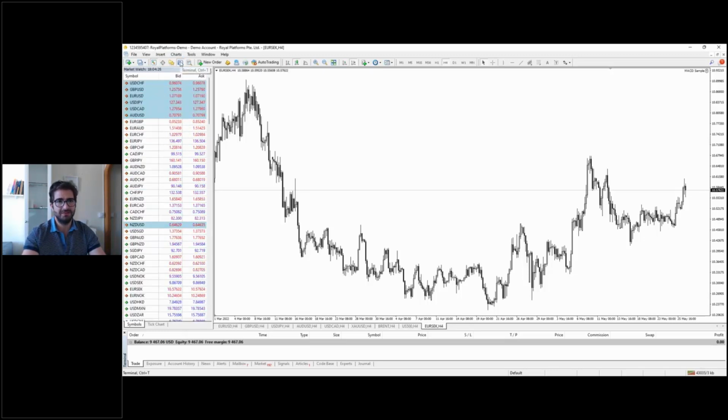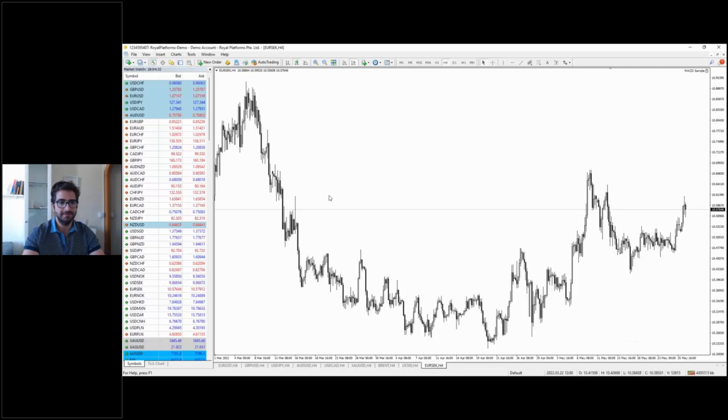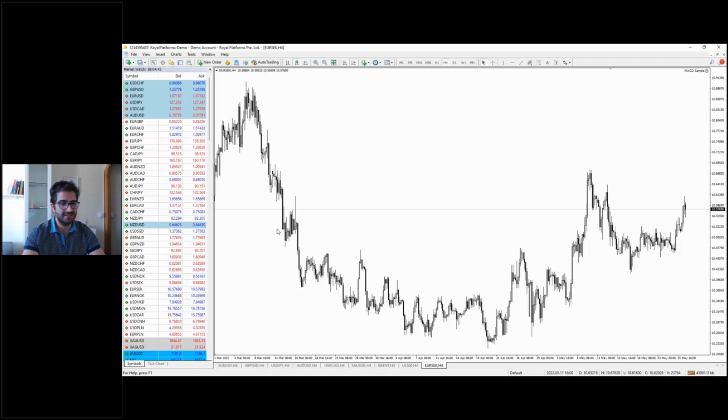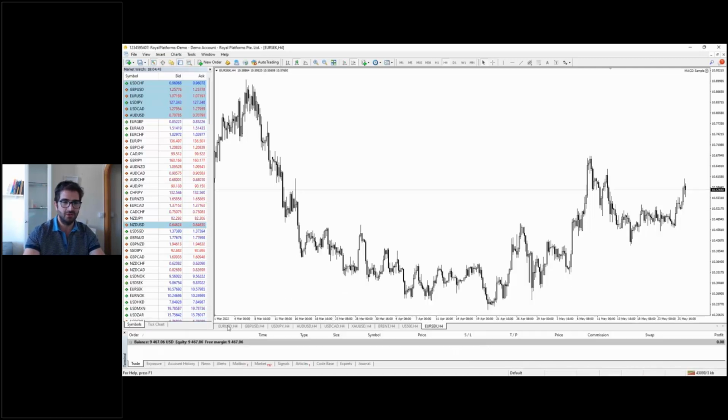Next we have the terminal. This is the button of terminal here, or you can simply press Ctrl T. So this is how it looks first. When you press Ctrl T, the part below will show up. So first you will see the MT4 like this, and by pressing Ctrl T, you will see the part below appearing.